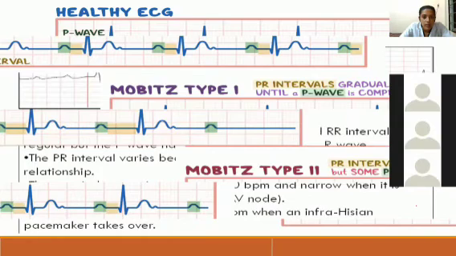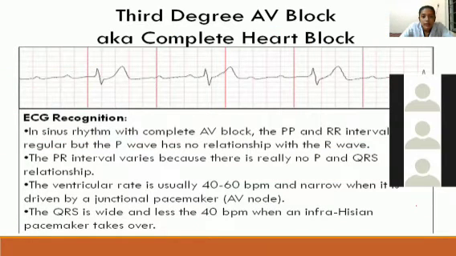Next, third degree AV block or complete heart block. This is a severe condition in which the patient's conduction system is totally damaged and the patient is having severe bradycardia. A permanent pacemaker will be needed for the patient in third degree AV block or complete heart block.